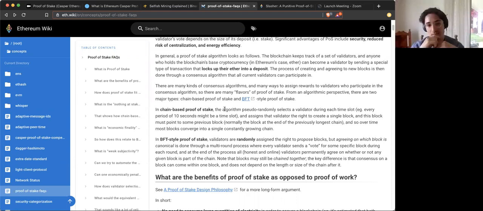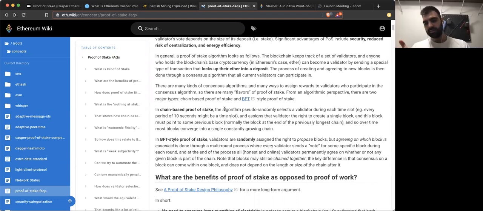Mm-hmm. And if that's bigger than the threshold, you're allowed to propose a new block. Okay. Right. There are extra things that come in, and the threshold can move, obviously, making it more difficult to propose a first block that would have you as a potential validator for the next block.